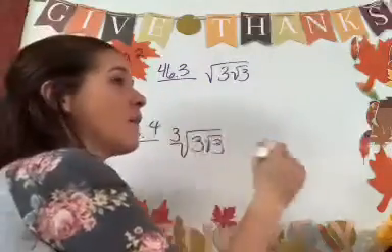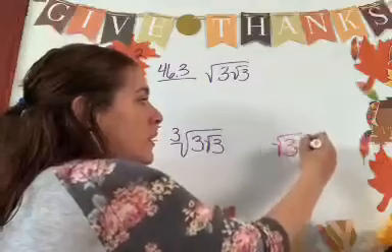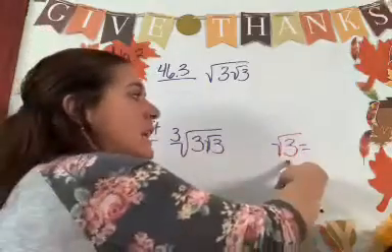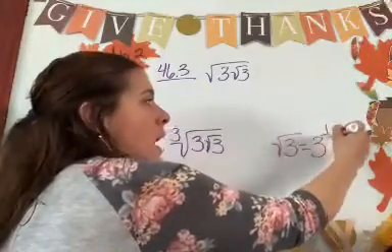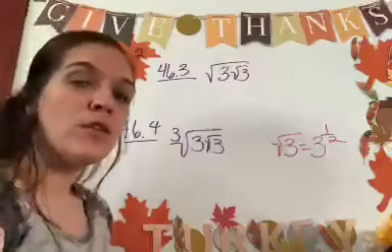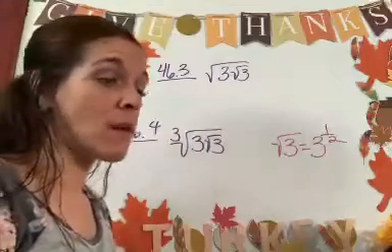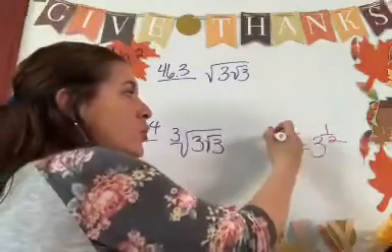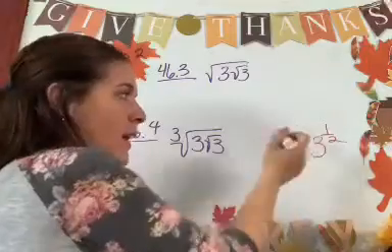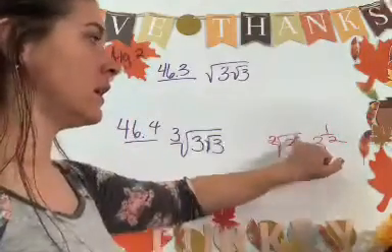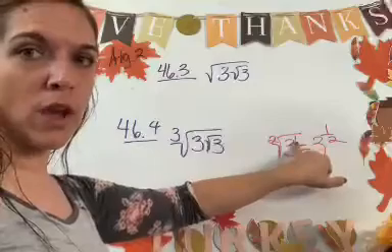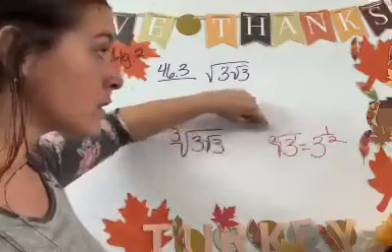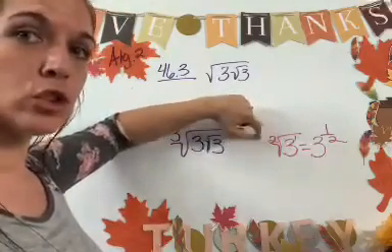Let's say that I have square root 3. Do you remember me mentioning to you that square root 3 can be written as 3 to the 1/2? Okay? If you don't remember that, you need to write that somewhere in your book. This is why. This square root has an invisible 2 on the outside and an invisible 1 right here, because 3 to the 1 is 3, so it's an invisible 1 as your exponent, and an invisible 2 on the outside because square root is taking the square equals 2, right?